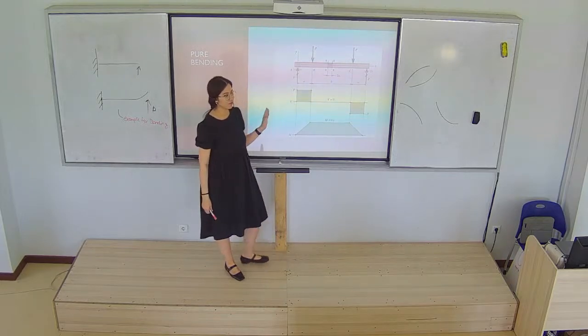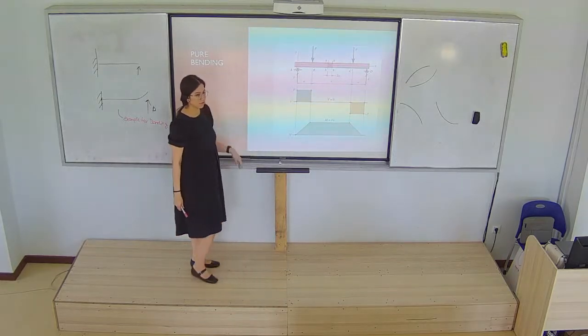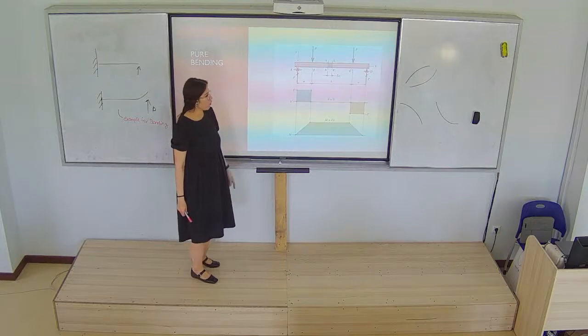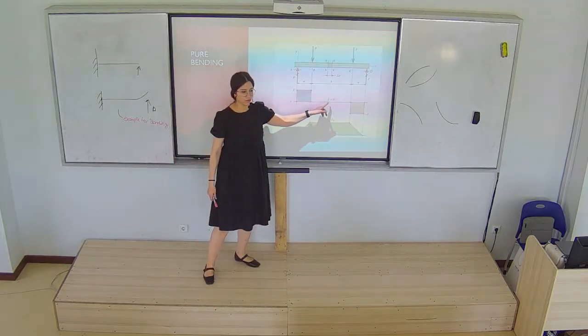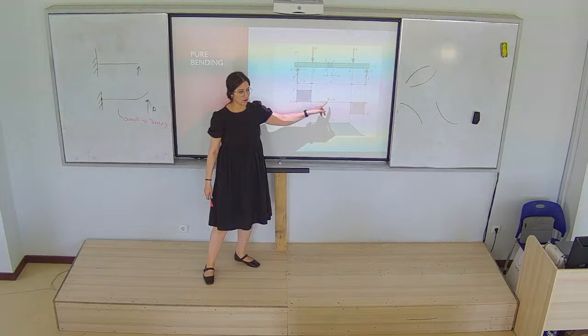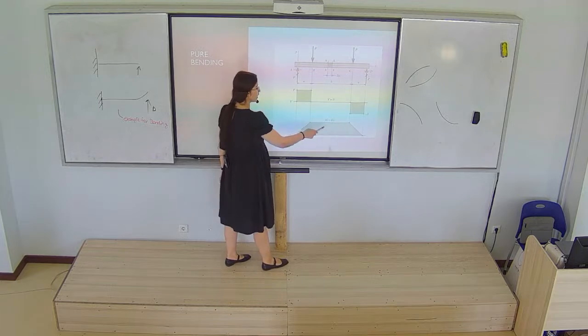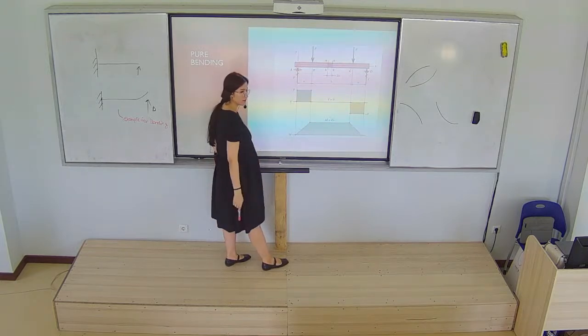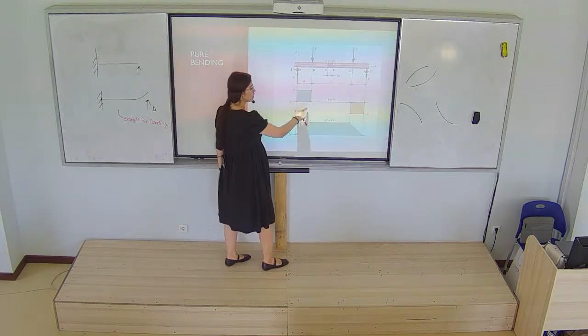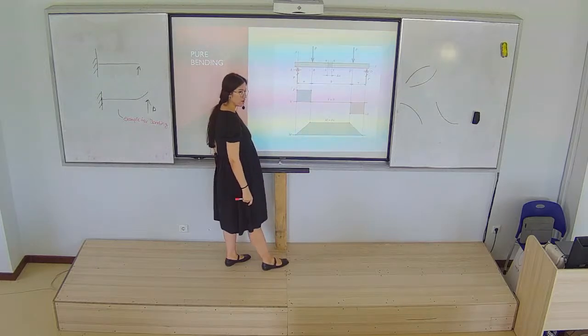And we will have pure bending when our shear force is equal to 0 and the moment diagram has a constant amount. Yes? As I told you, in order to draw the moment diagram, we will calculate the area of this one, right? If this one is P, this one is A. The area of this one will be P multiplied by A, PA.